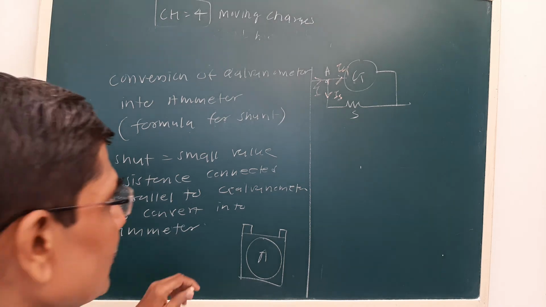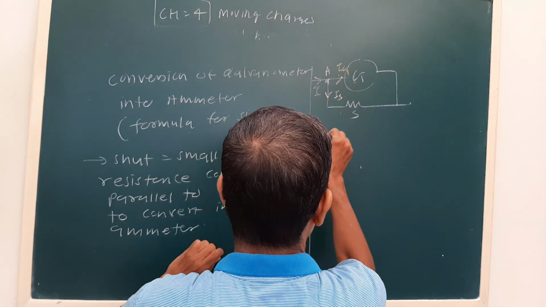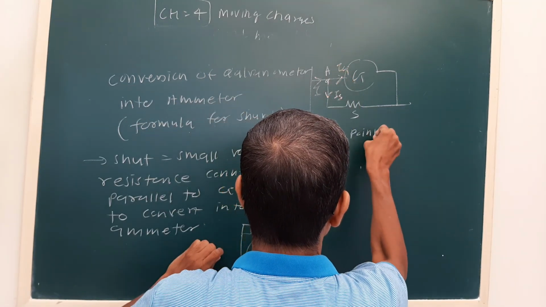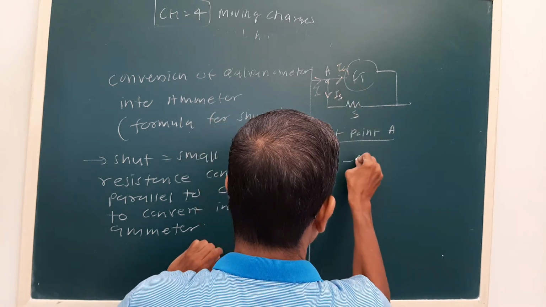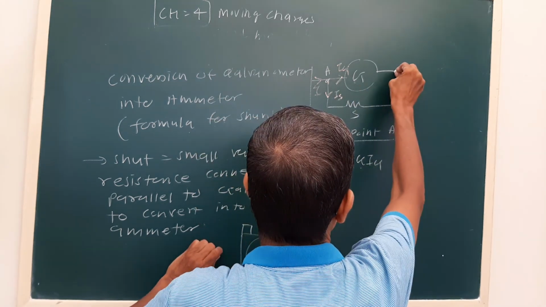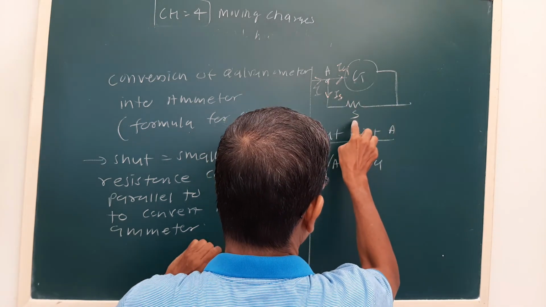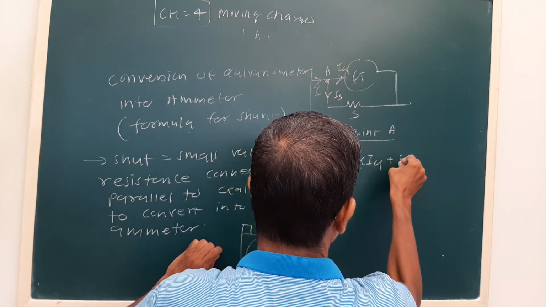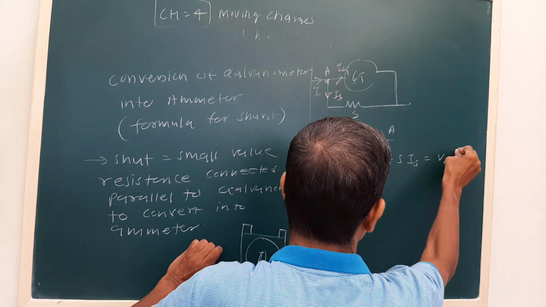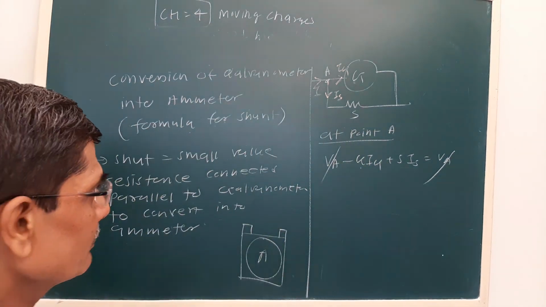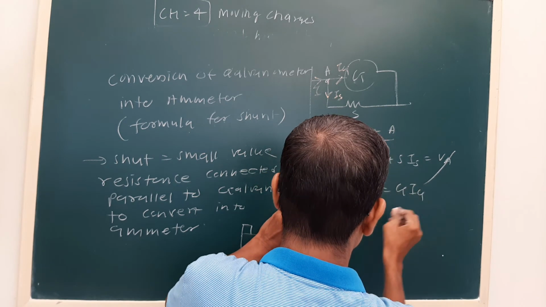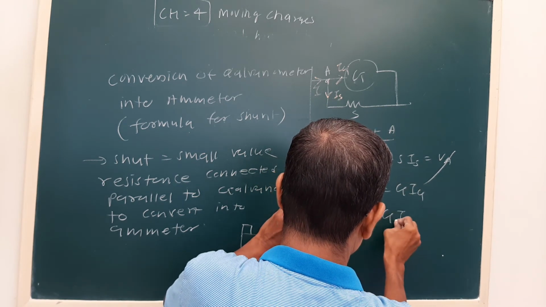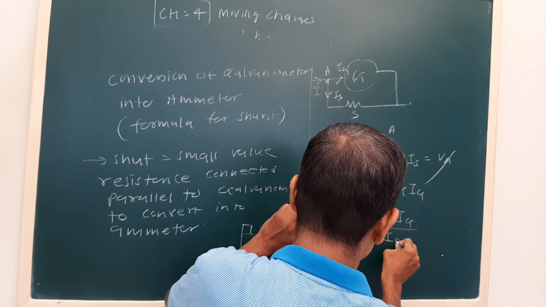Now the equation for the shunt. We use Kirchhoff's second law. VA minus G Ig, now we move from here so it is in the opposite direction, plus S Is is B. So what we get? S Is is equal to G Ig. S is equal to G Ig upon Is.